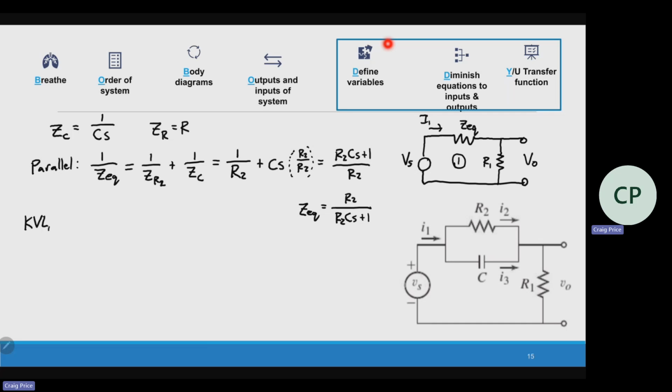So KVL 1 is we have supply voltage coming in. I can say voltage of Z equivalent, the voltage across R1. This gets me back to 0. So that's one complete loop. So we can say that supply voltage equals the voltage across Z equivalent plus the voltage across R1.